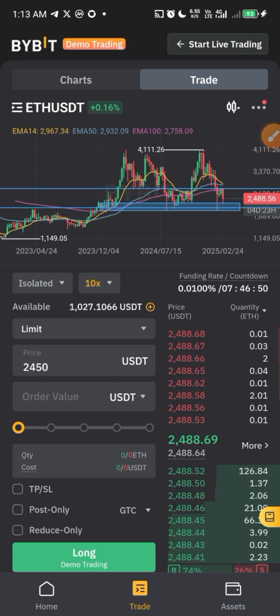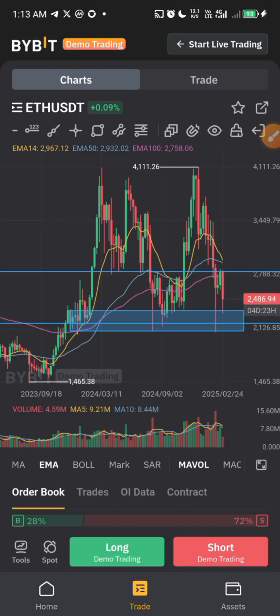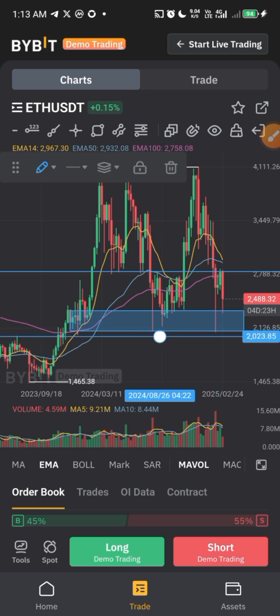So the next thing I want to do is to first of all calculate my percentage loss. I'll go to chart again. From where I'm entering, my SL will be around here, 2040, or let's just say 2020. So my SL will be 2020 from 2450.